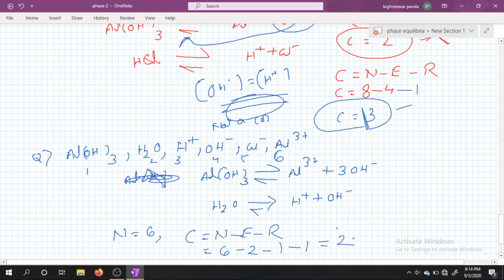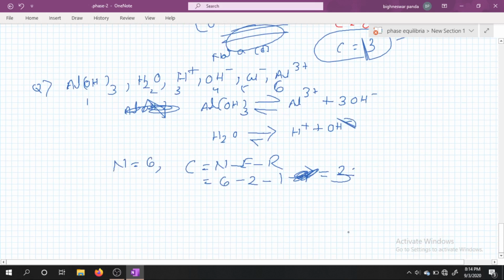Sorry, I made a mistake. This OH minus is coming from water also, sorry. So 3 components. Okay, so this is all about calculation of the number of components.